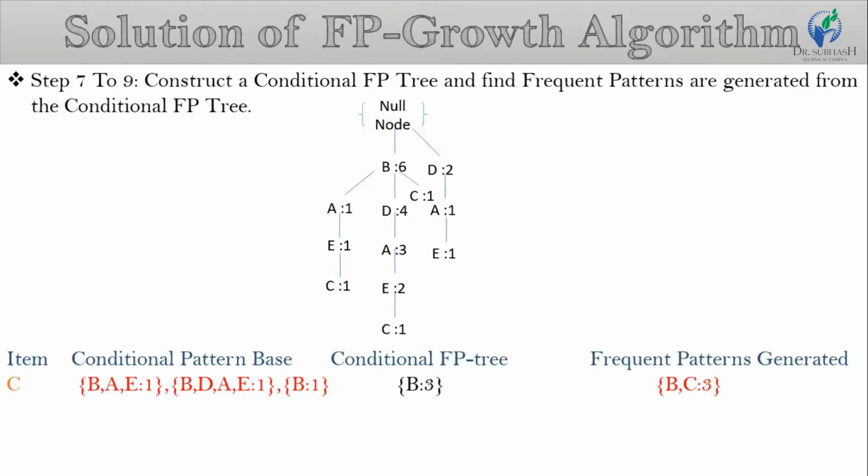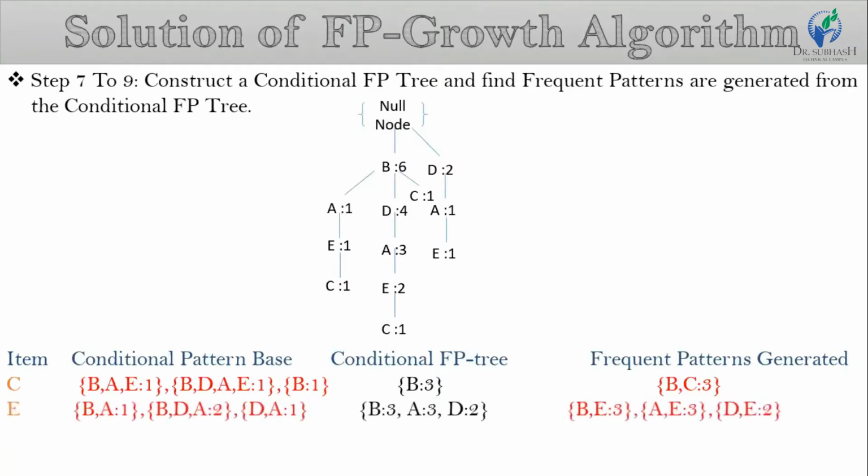Now see the next lower node, E. E occurs in 3 branches: B, A, E; B, D, A, E; and third is B, A, and E. Therefore, considering E as suffix, the prefix path will be B, A, and the occurrence of E means one time. Then in the second branch, B, D, A: 2, meaning in this branch E occurs 2 times.